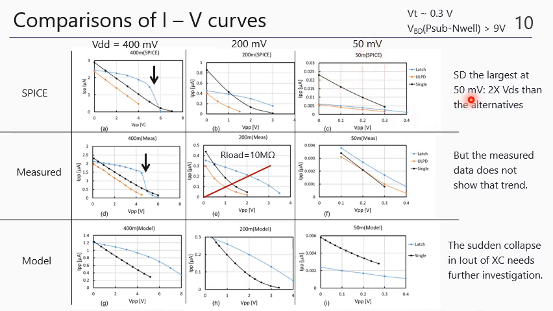This probably is because the SD has twice larger VDS than ULPD or XC, and therefore when the clock amplitude is very small, this factor may be a significant contribution to the high output current. But the measured result doesn't show such a trend.